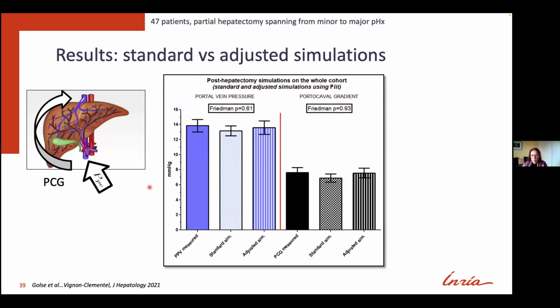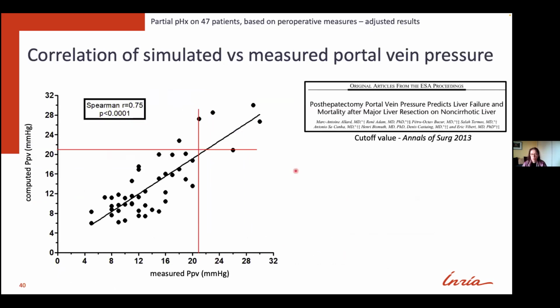So in the first study, we compared the output of these two types of simulations for the pressure at the entrance of the liver and the gradient of pressure across the liver, with the measurement on the left. And you see that statistically, it's quite good for now, even if we still have some progress to make if we want to use it as a predictive tool.